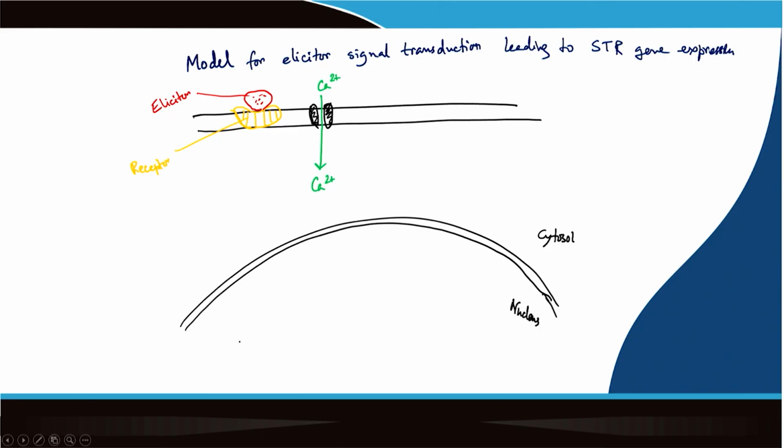So, here this is JERE, jasmonate elicitor response element, then there is a TATA, and then the gene for STR is here.